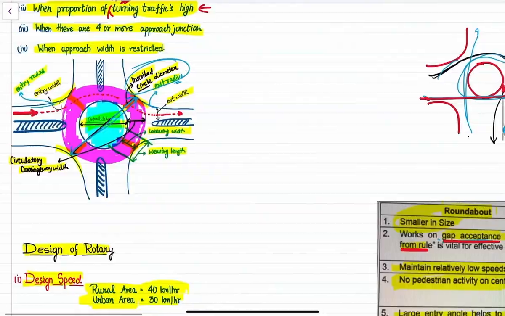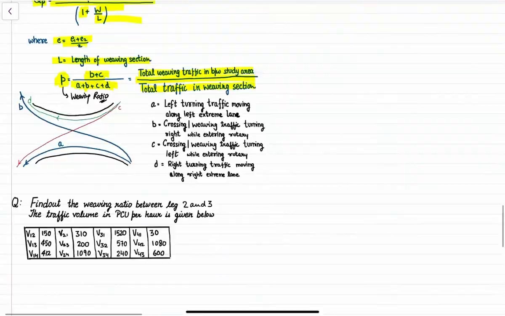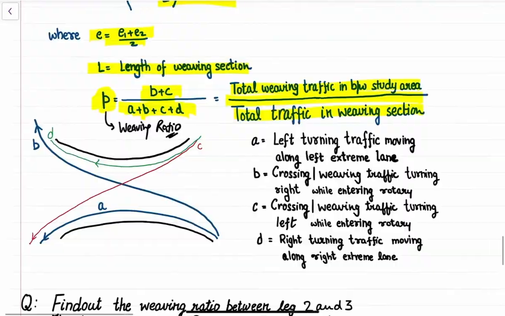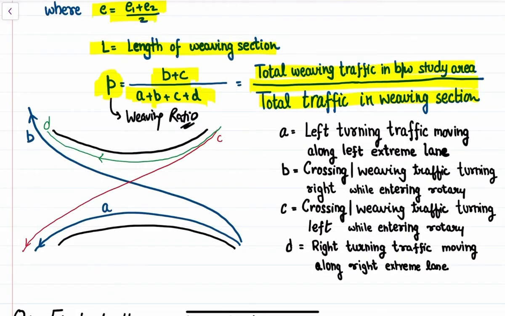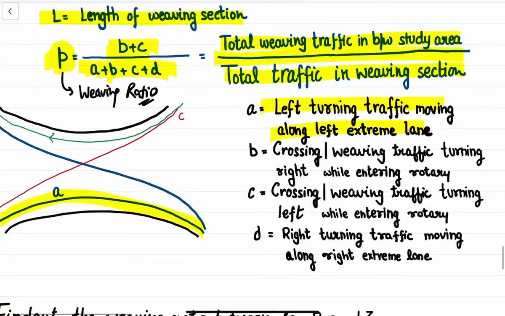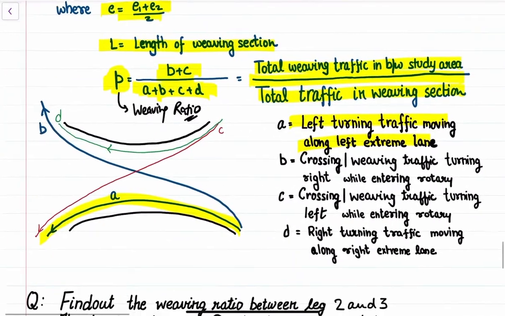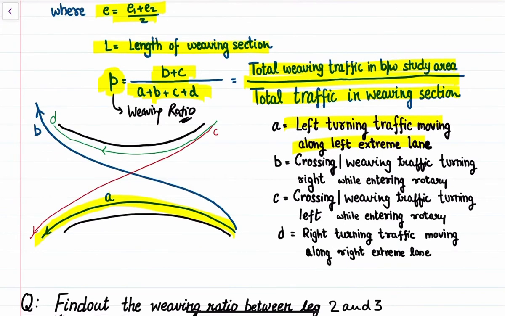If not, then you can always ask in the comment section. So A is the left turning traffic moving along the extreme left lane. B is the crossing weaving traffic turning right while entering the rotary, that is, coming from the study leg and going to some other leg.